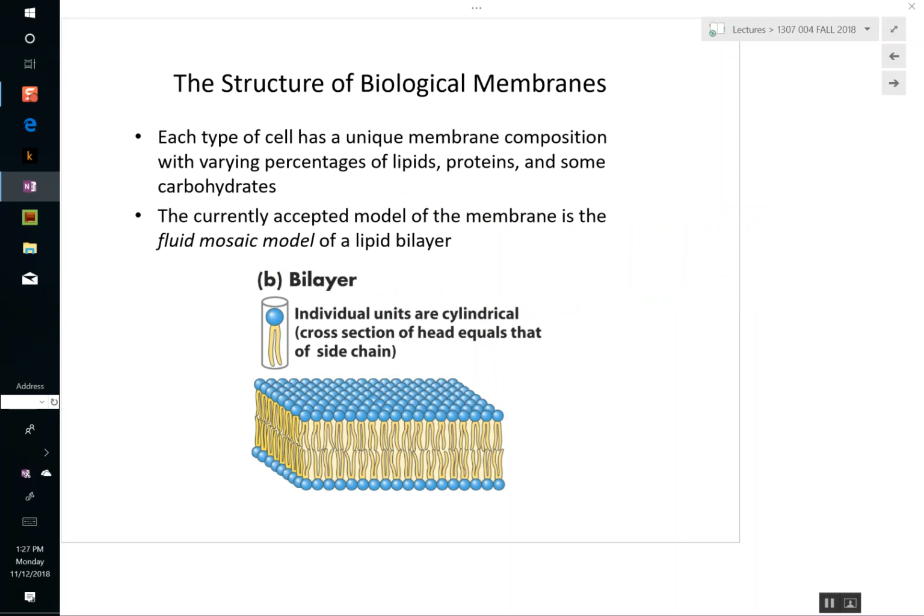What is a cell membrane? This is a simplistic drawing of it. The major thing is a lipid bilayer. It is a lipid bilayer. So these are phosphoglycerides.